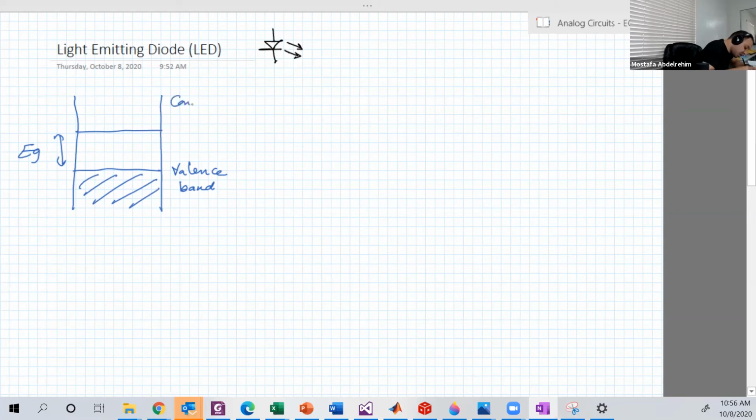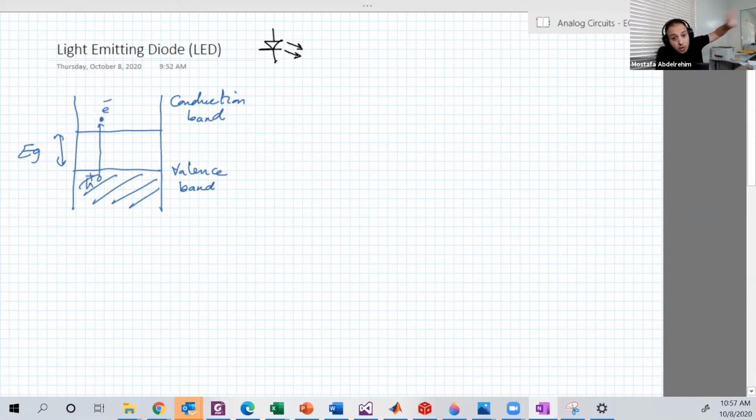Then we have the conduction band, and we said that in order to conduct, electrons move from the valence band to the conduction band, and they leave behind a hole like this, and that's it.